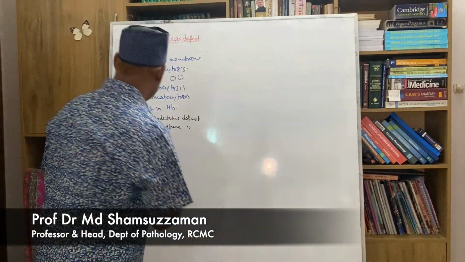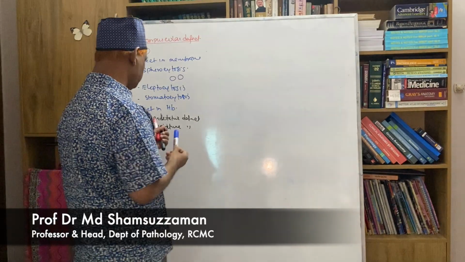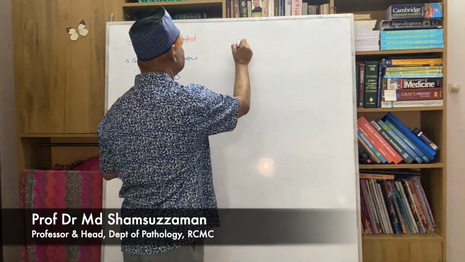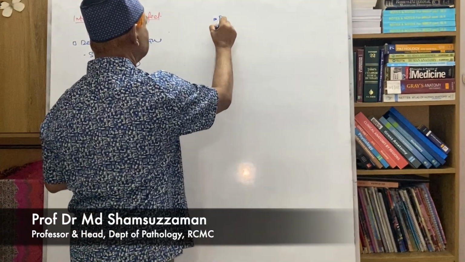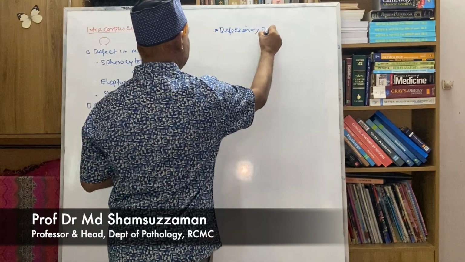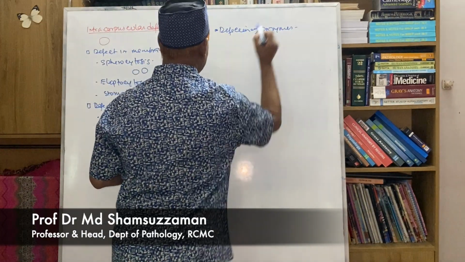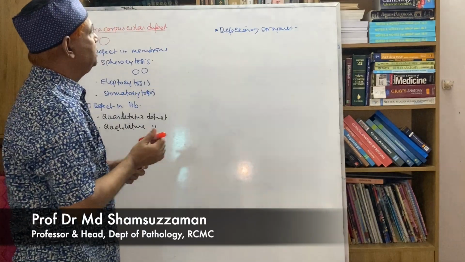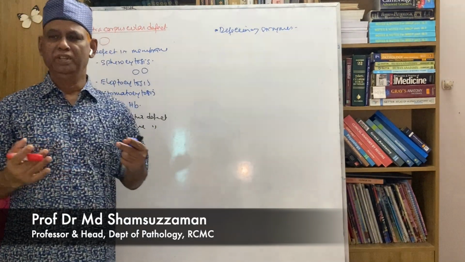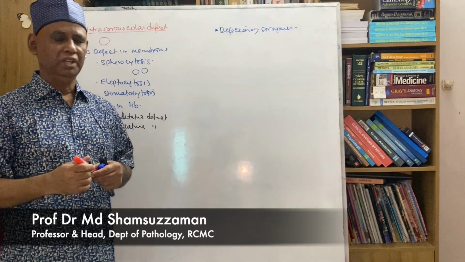Now come to defect or deficiency of enzymes within the RBC. You know, if there is deficiency of glucose 6-phosphate dehydrogenase within the RBC, RBC undergo hemolysis.